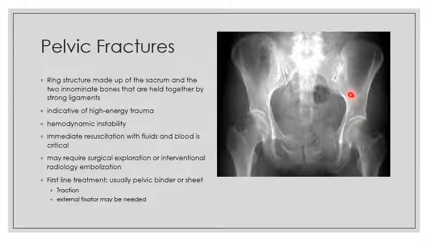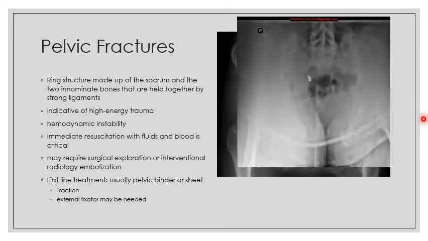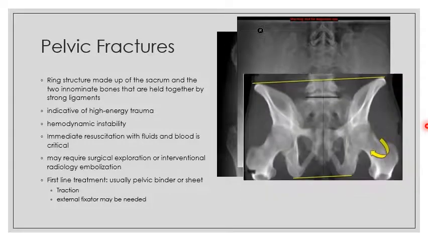Particularly, they may need exploration to get the bleeders, or an interventional radiologic embolization. The first line of treatment is usually a pelvic binder or a sheet. This is a pelvic fracture, you see this opening of the symphysis pubis. This is the inlet view.